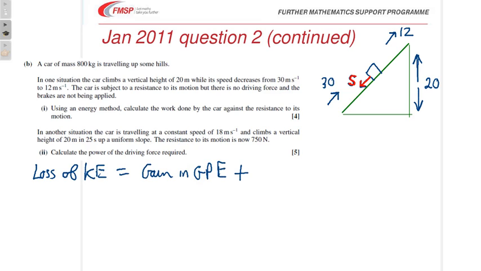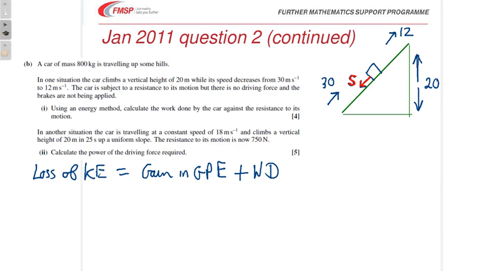But because there's resistance, there'll be another term here which is work done against resistance. In other words, the kinetic energy loss partly goes to gaining gravitational potential and partly is lost as work done against the resistance.